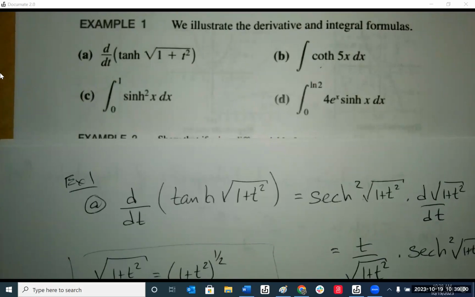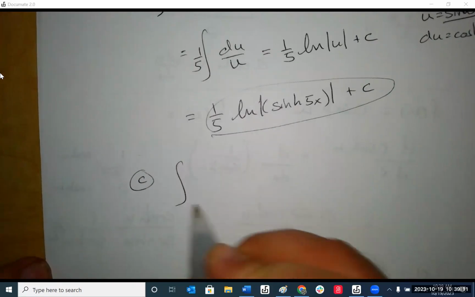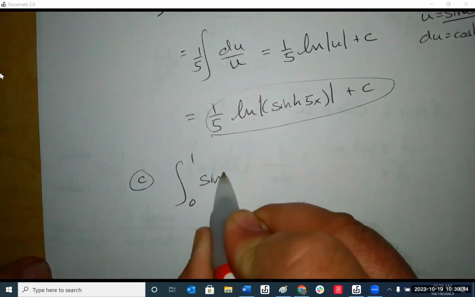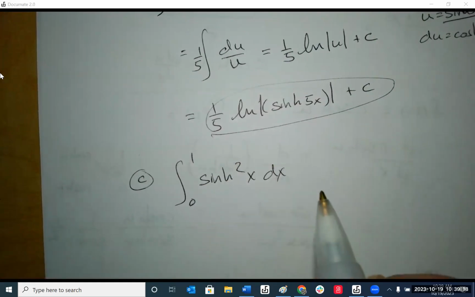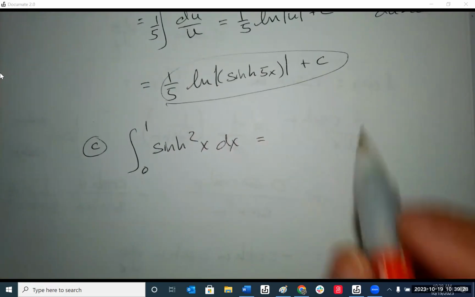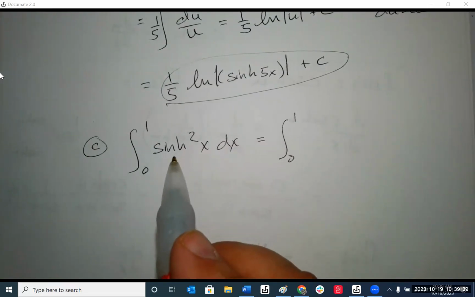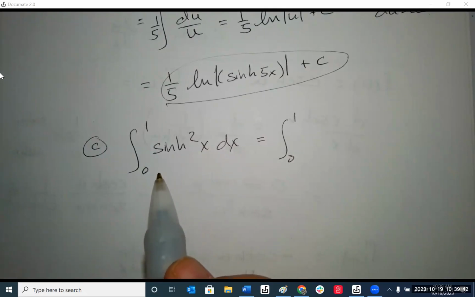Now let's look at c. The definite integral from 0 to 1 of hyperbolic sine squared of x dx. Let's look at this in our tables.